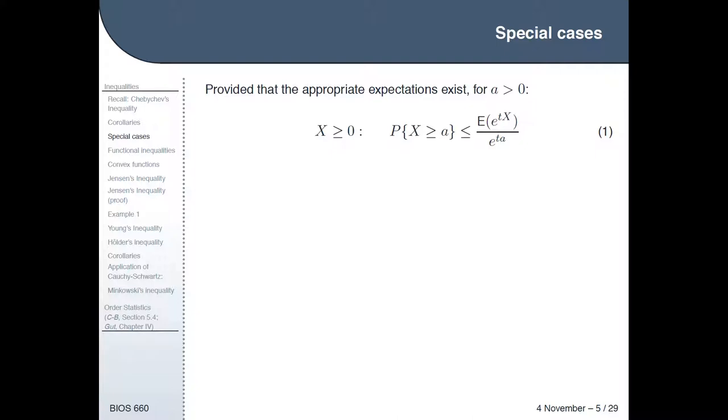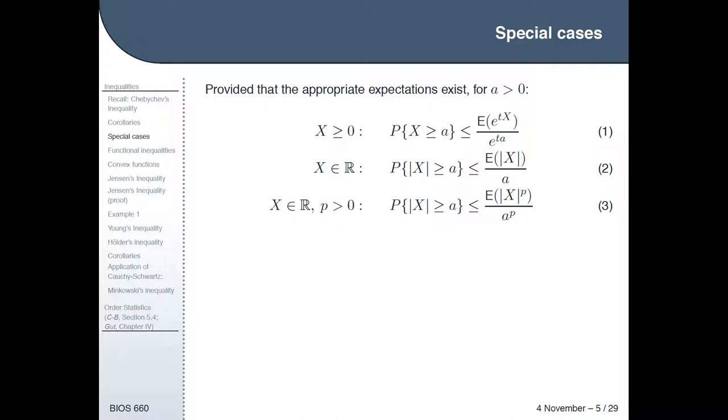That's just letting g of x equal e to the tx in the previous slide. Likewise, for any real number a, the probability the absolute value of x is greater than or equal to a is less than or equal to the expectation of the absolute value of x divided by a. More generally, for any p, that probability is less than or equal to the expected value of the absolute value of x to the p divided by a to the p.